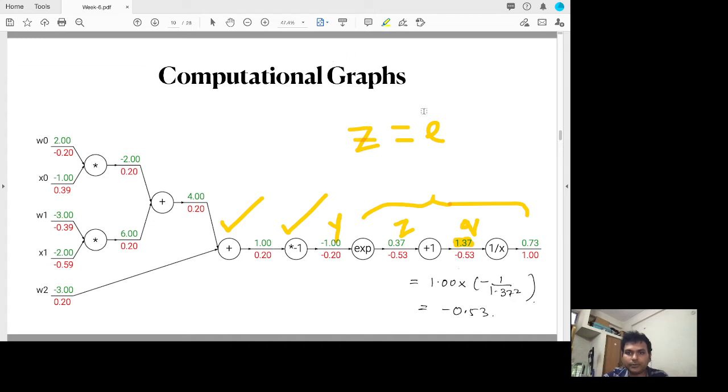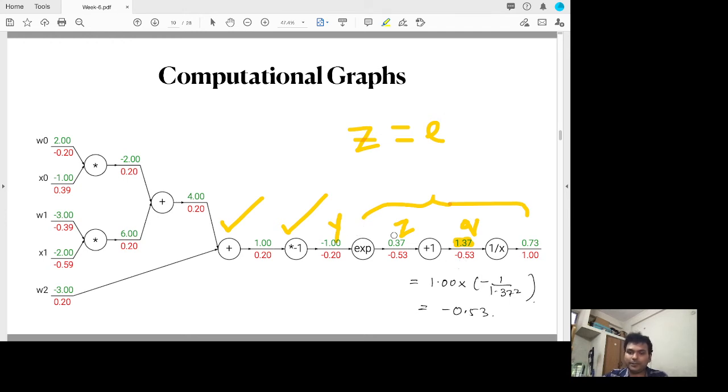Don't consider dou z, what will be dz dy? If you have an exponential function, what is the derivative of the function? It will be the exponential function itself, correct? The derivative of e to the power of y with respect to y is e to the power of y itself. So dou z dou y will become e to the power y, but you needed dou f dou y.